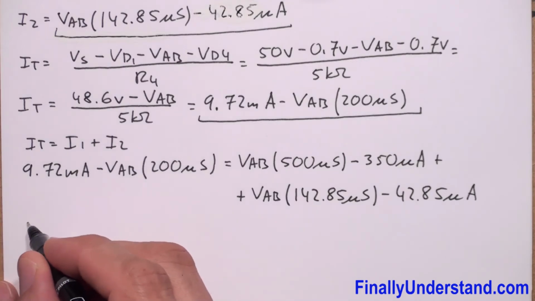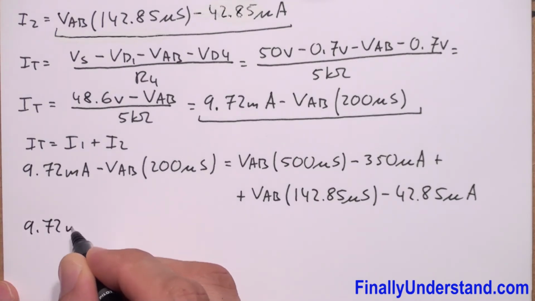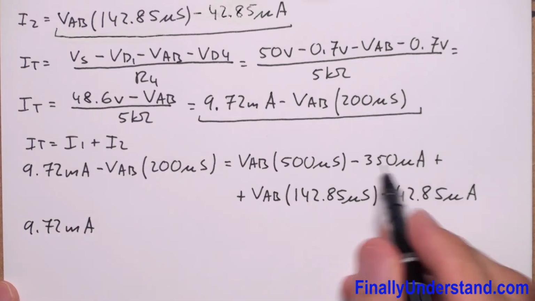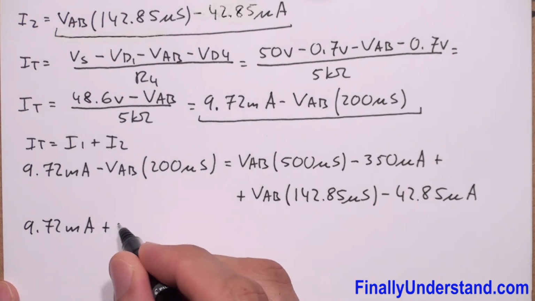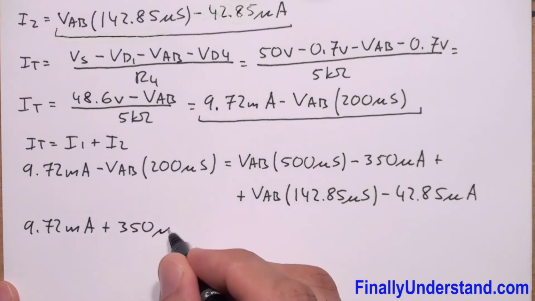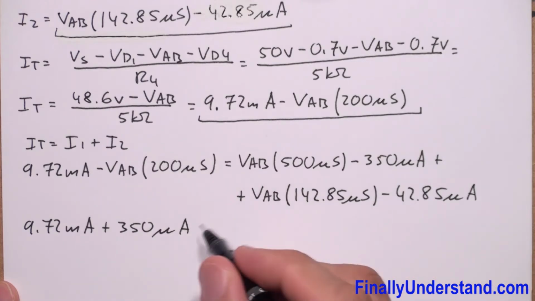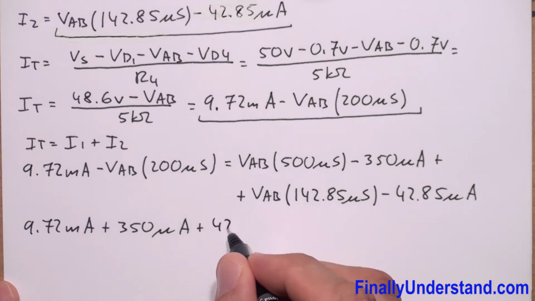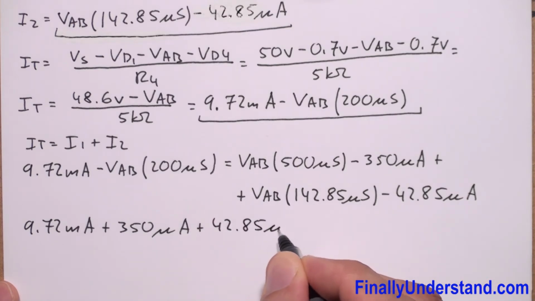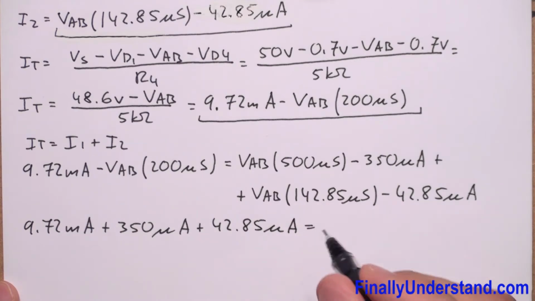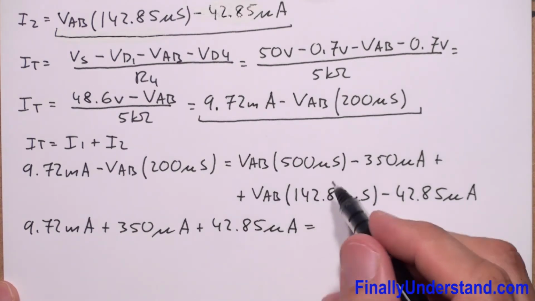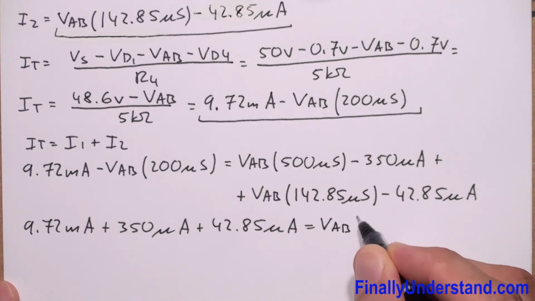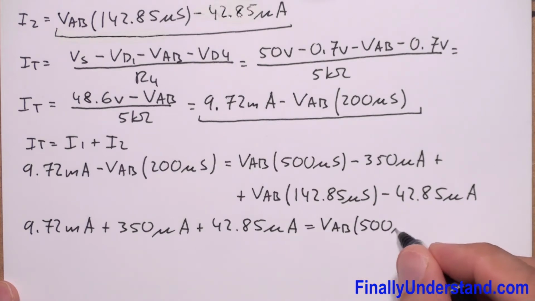Okay, so let me copy them down. So I have 9.72 milliamps, and I'm going to move 350 micro to the other side. So I'm going to have plus 350 microamps, and I have plus 42.85 microamps is equal to VAB times 500 microsiemens.